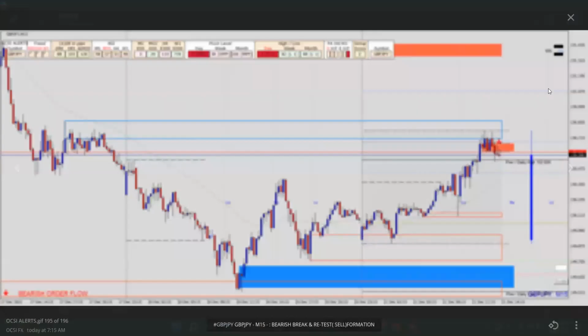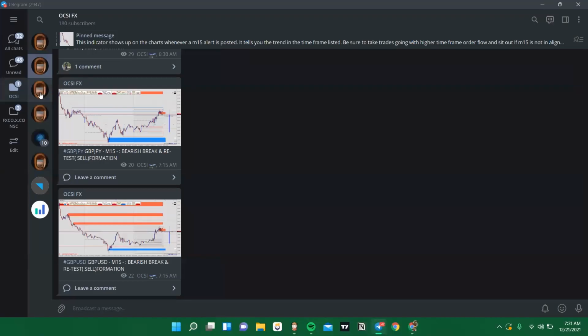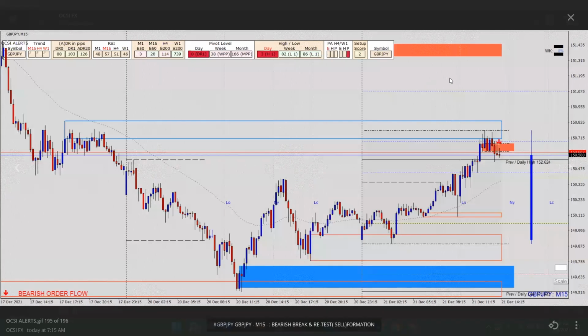Ironically enough, look, right now the last two trades that came out were for GBPs, right? Clear sell on this one, right near a zone. Supply, resistance, call it whatever you want to call it. It's a zone, you know what I mean?